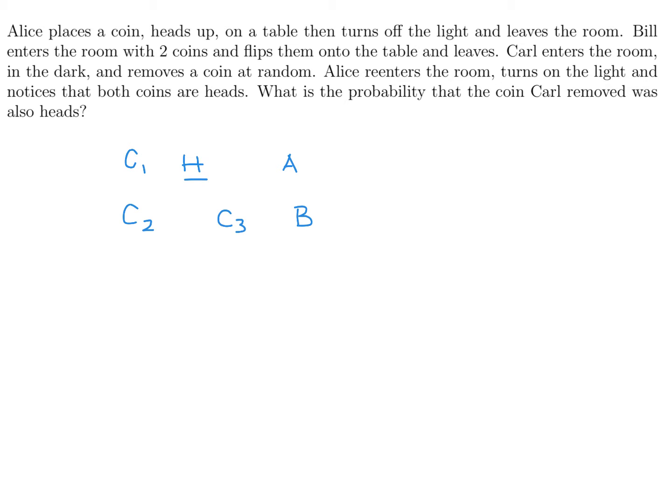Bill enters the room with 2 coins and flips them onto the table and leaves. So his 2 coins I've represented as C2 and C3. Carl, so I guess C for Carl, I'll just write out his full name, then enters the room and removes a coin. So he removes just 1 coin.